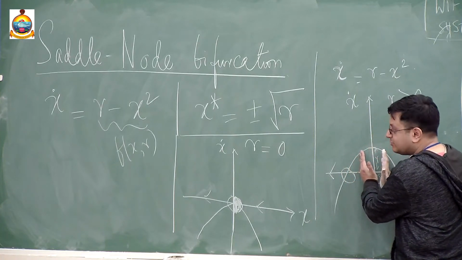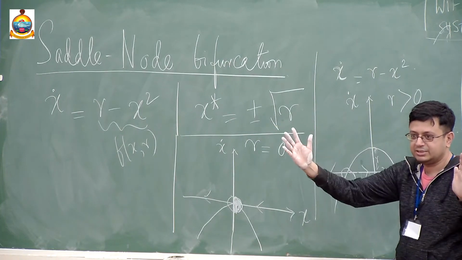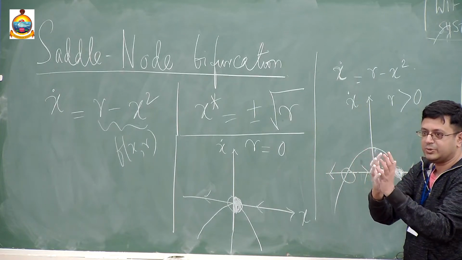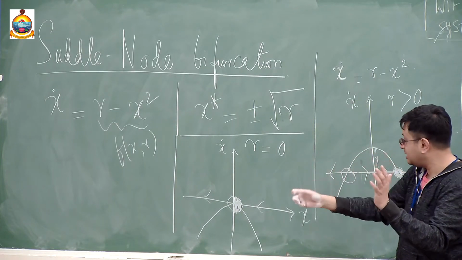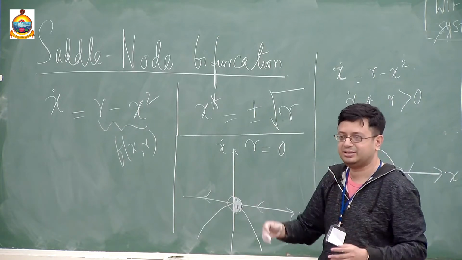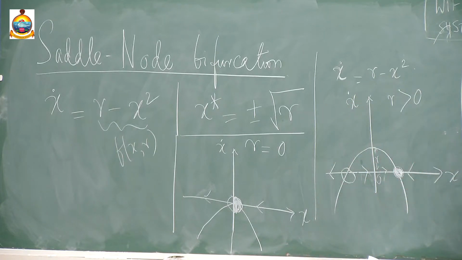Why? Because this is square root of r. As I decrease r, the two fixed points approach each other, then they coalesce, giving rise to a half stable fixed point, and then they annihilate each other. Nasty guys, right? They come and hit each other and that's it.